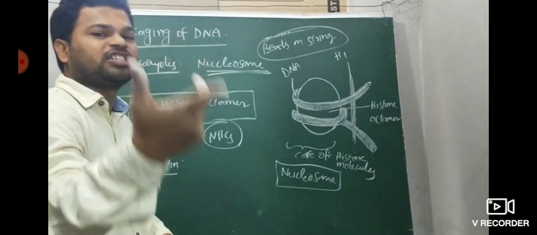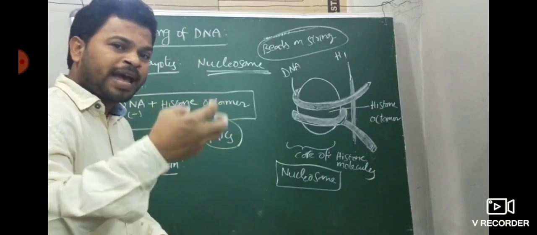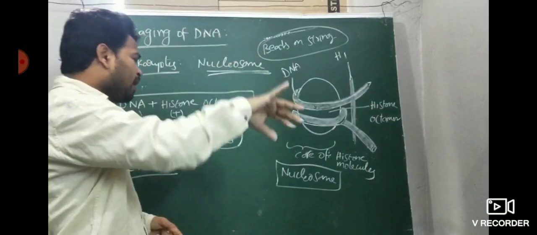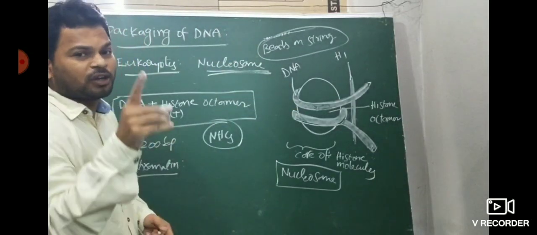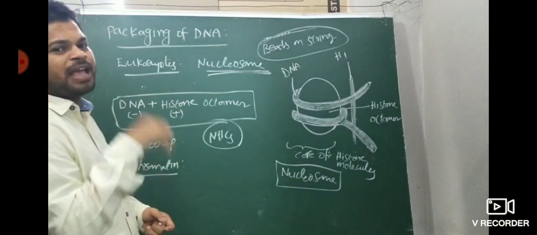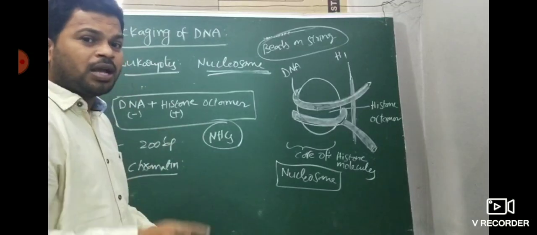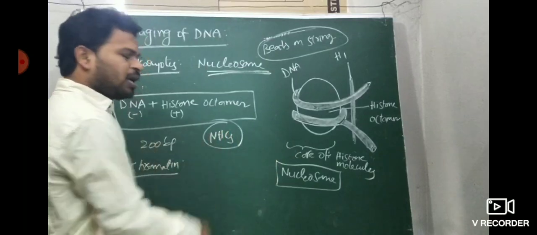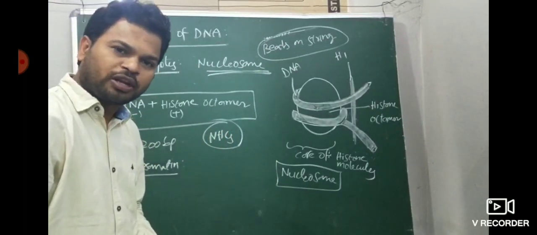Repeating nucleosomes form chromatin. Chromatin fibers condense to form chromosomes at metaphase. At higher level packing, additional proteins are required, and those are non-histone chromosomal proteins.